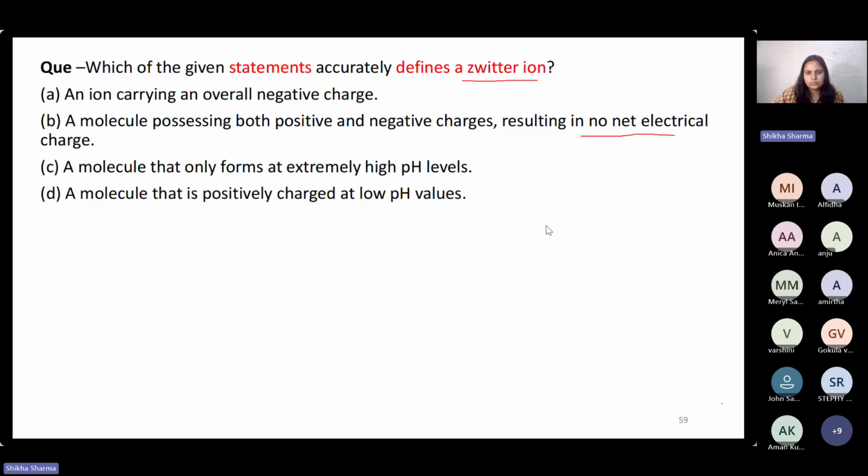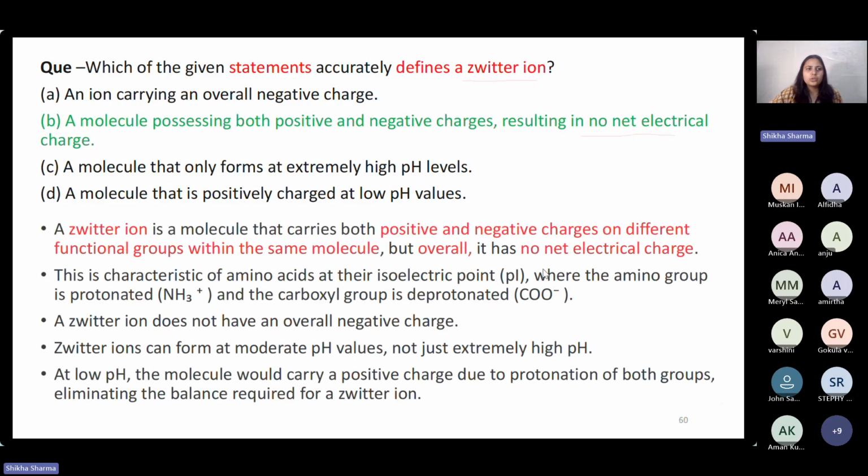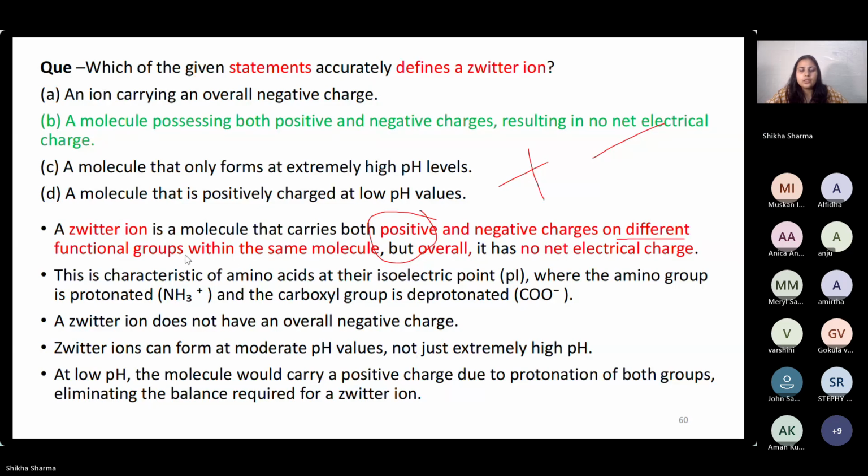So most of us are saying B. You guys are correct. A zwitterion is a molecule that has both a positive charge and a negative charge on different functional groups within the same molecule, but overall the net electrical charge is 0. This is the characteristic of an amino acid at its isoelectric point, where the amino group is protonated and the carboxylic group is deprotonated.